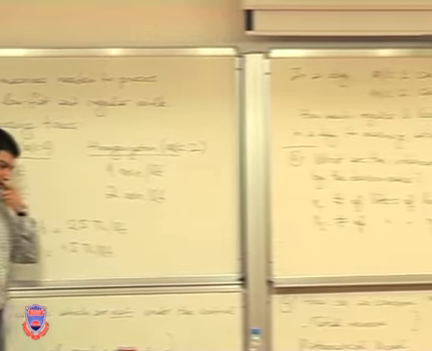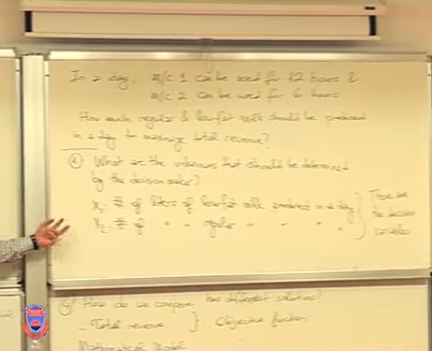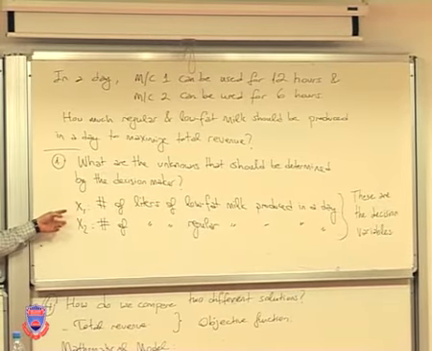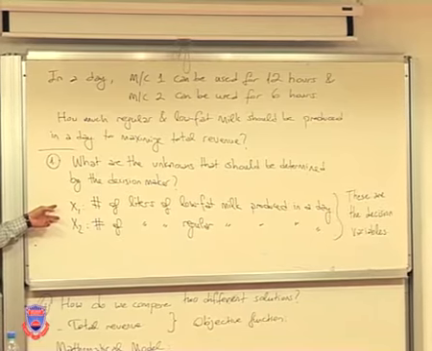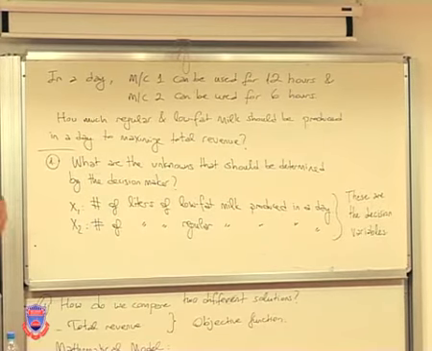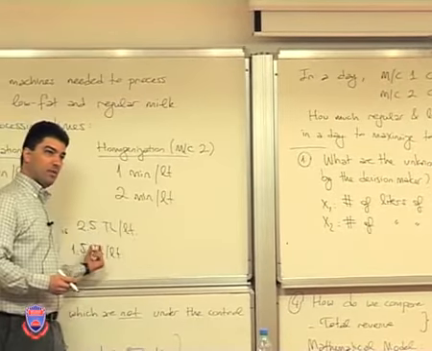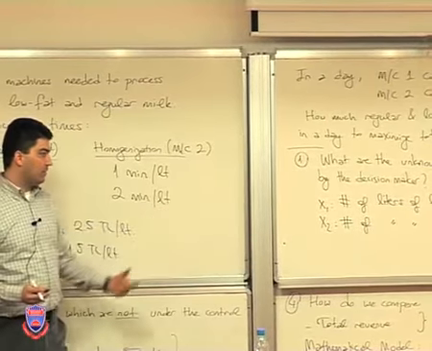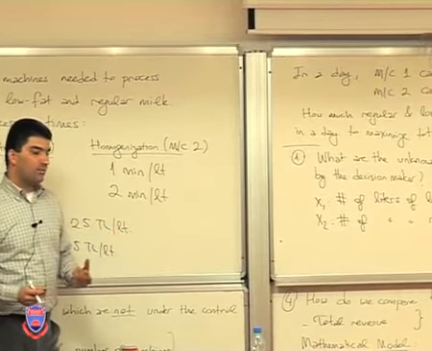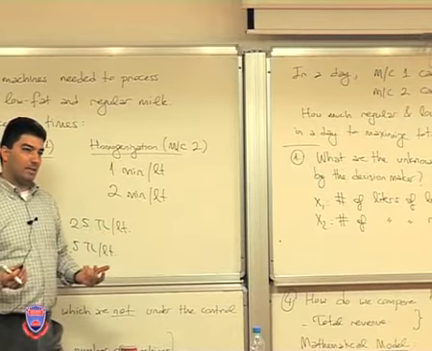Okay? Now the question is the following. How can I express my objective function in terms of x1 and x2? What's the formula to compute total revenue? Well, it's going to be 2.5 times x1 plus 1.5 times x2, right? And with that formula, if you give me values of x1 and x2, I can compute total revenue immediately.